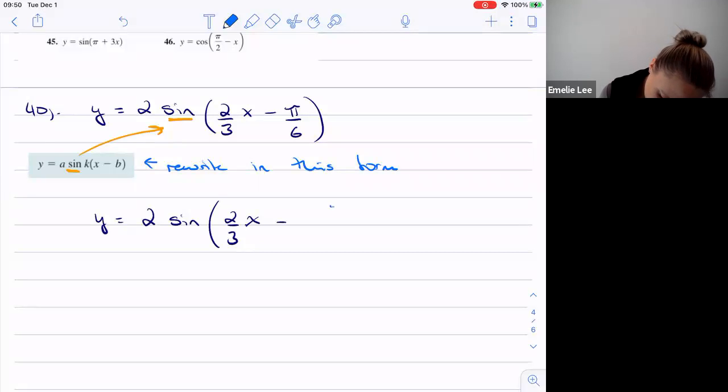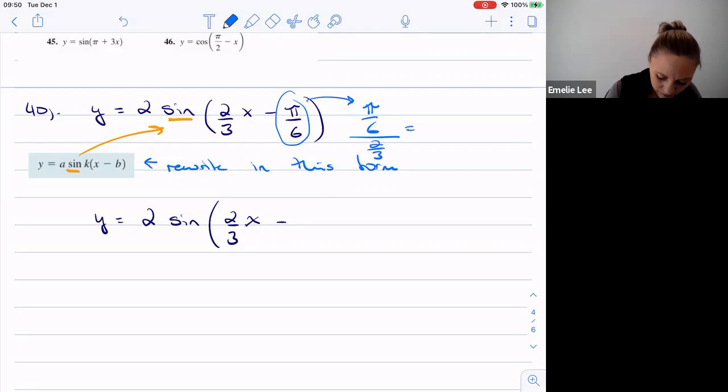sidetracked here. Maybe up here. Pi over 6 divided by 2/3. We know from dividing fractions that's pi over 6 times 3/2.